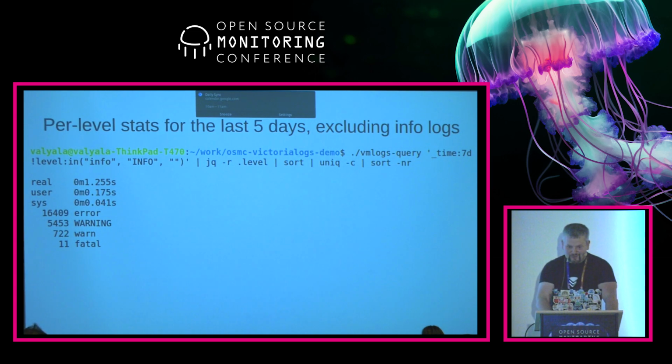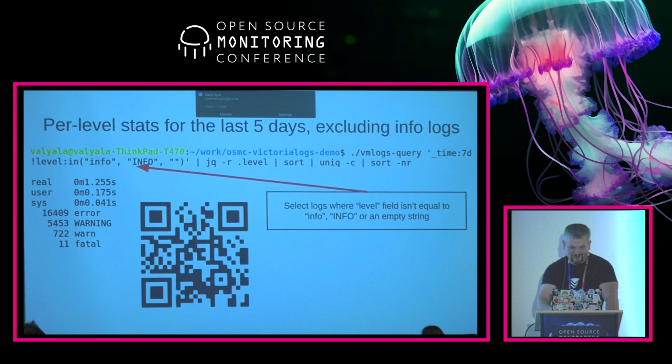That's another example of how to query per-level log stats for the last 5 days. No, 7 days. It's an error here. You can just use a special function named in, and you can filter on a particular log field, such as level.